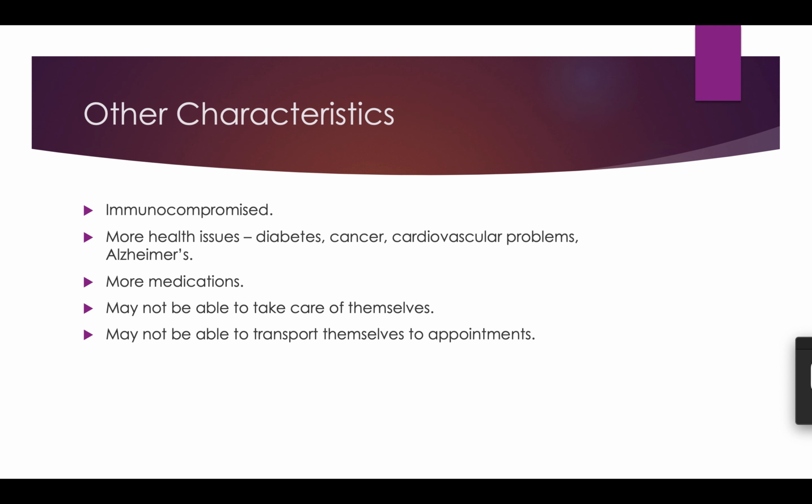Some other characteristics specifically toward senior citizens that would affect their health care: most of them are immunocompromised. A lot of times they have some serious health issues, such as diabetes, cancer, cardiovascular problems, Alzheimer's, lots of different issues that they're dealing with, which means a lot of times they have more medications.